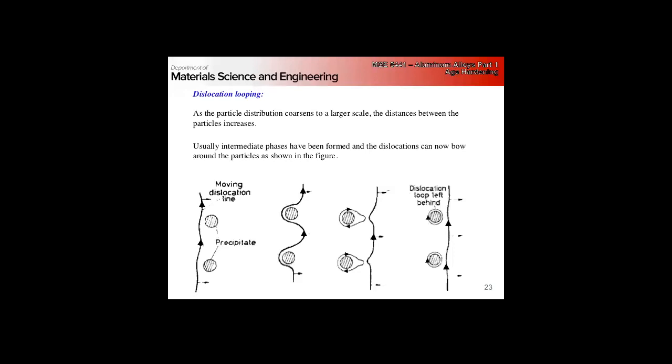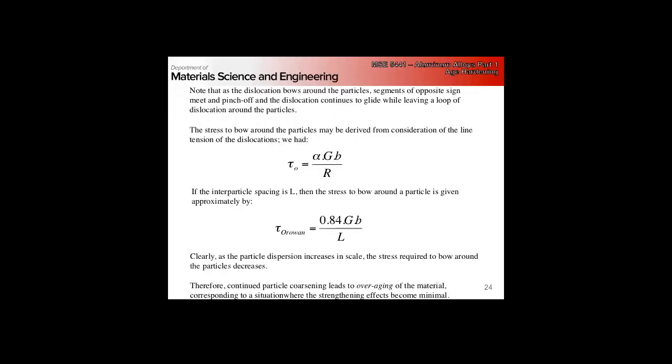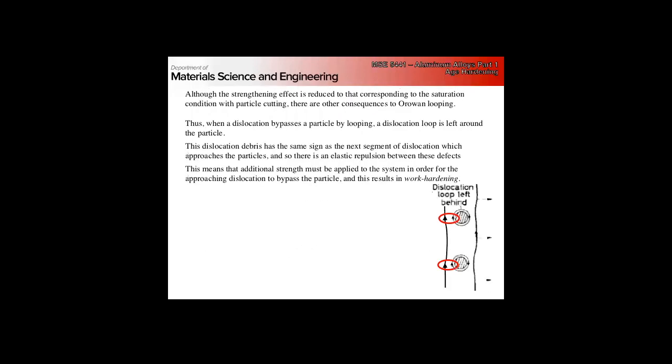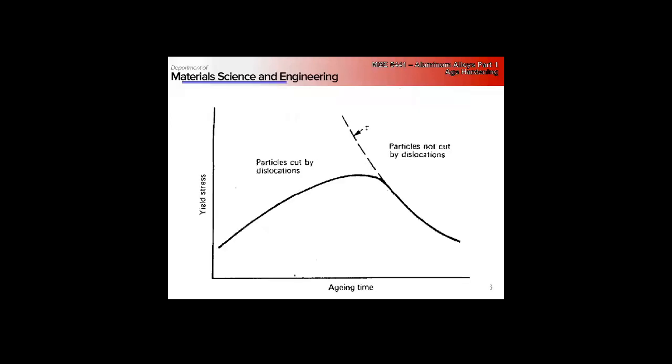And remember that when you loop, you have your dislocation loops left behind, so each dislocation gives you a slightly narrower channel width behind it, and you have pile-up type behavior. Peak aged versus under and over aged.